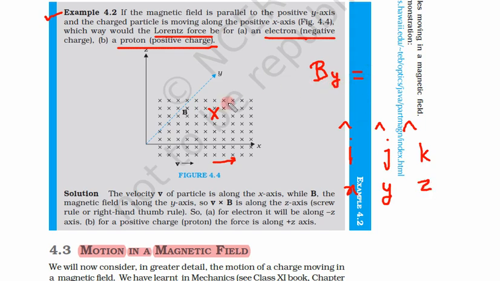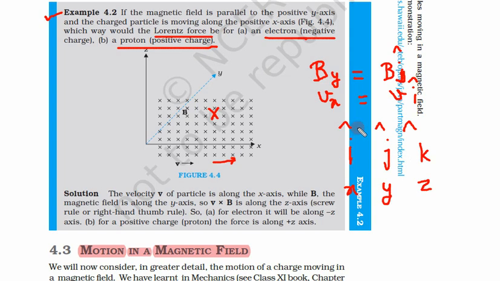So since B is along the positive y-axis, we can write it as B j. Similarly v is along the positive x-axis, so v is along i.